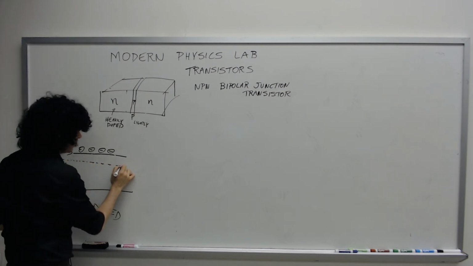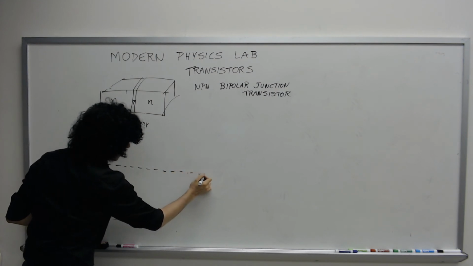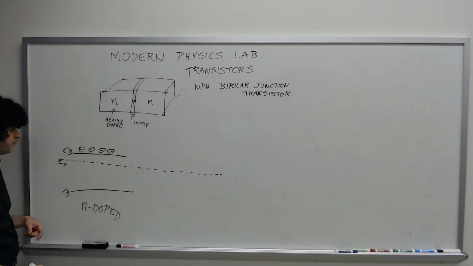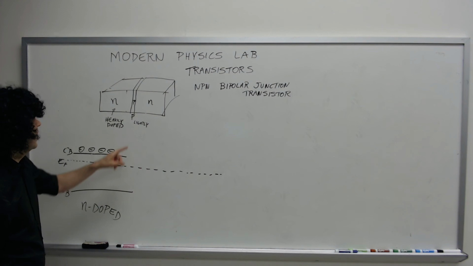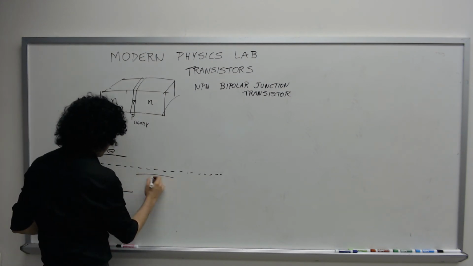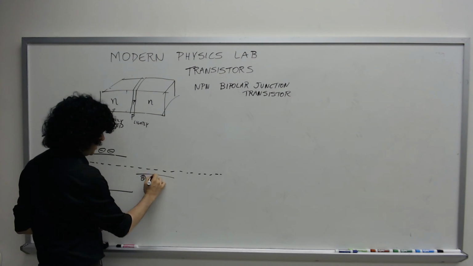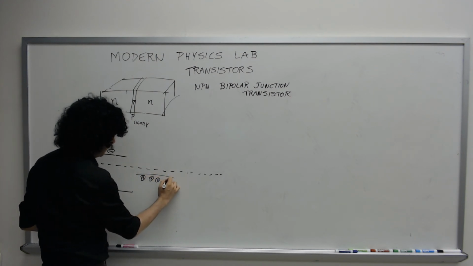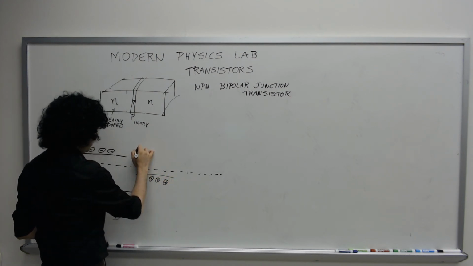The Fermi level is the same across the entire device. And here, as I have a P doped side, the Fermi level is closer to the valence band.